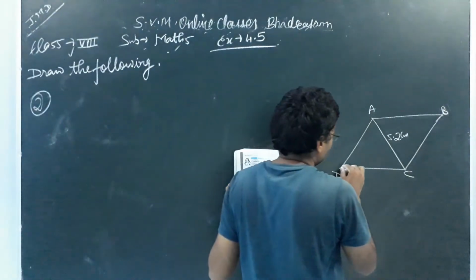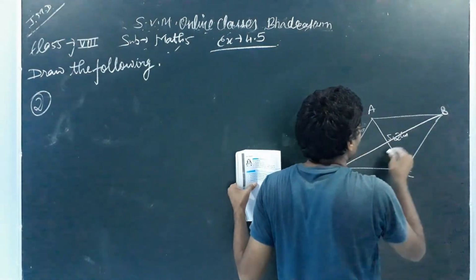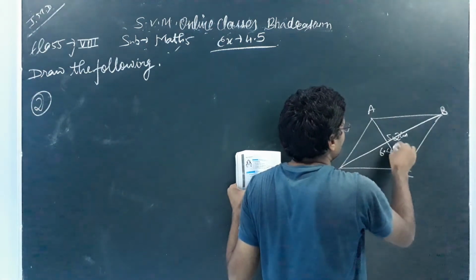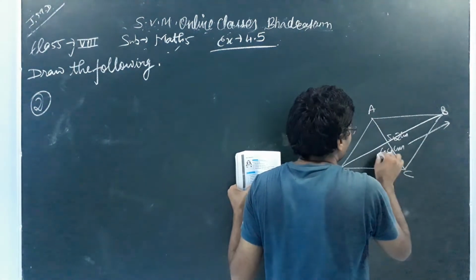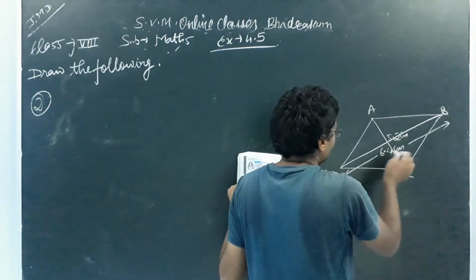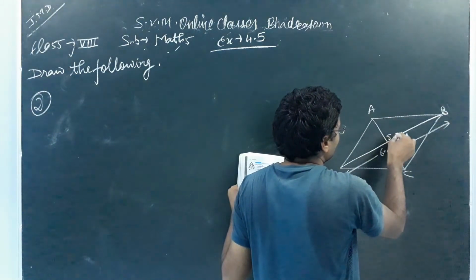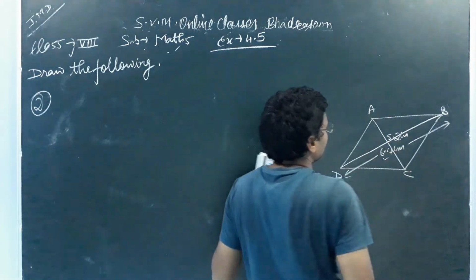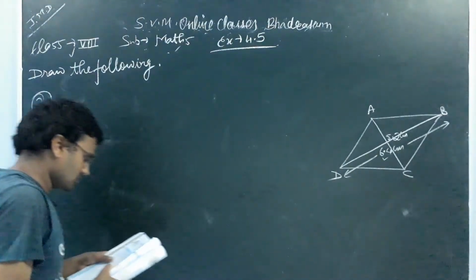This is one diagonal which is 5.2 centimeter and this is another diagonal which is 6.4 centimeter long.